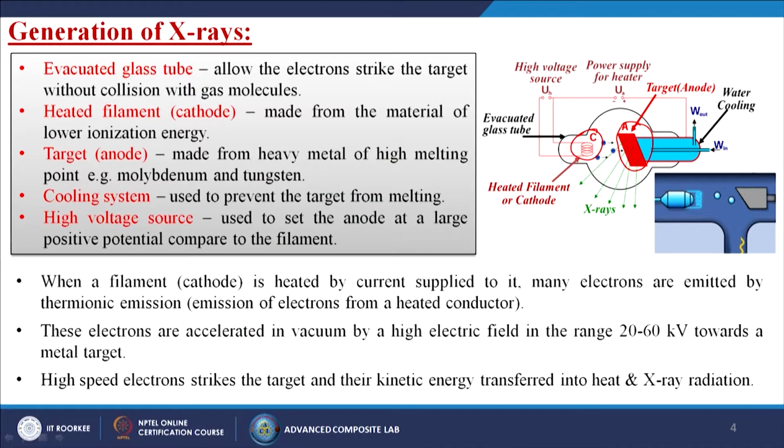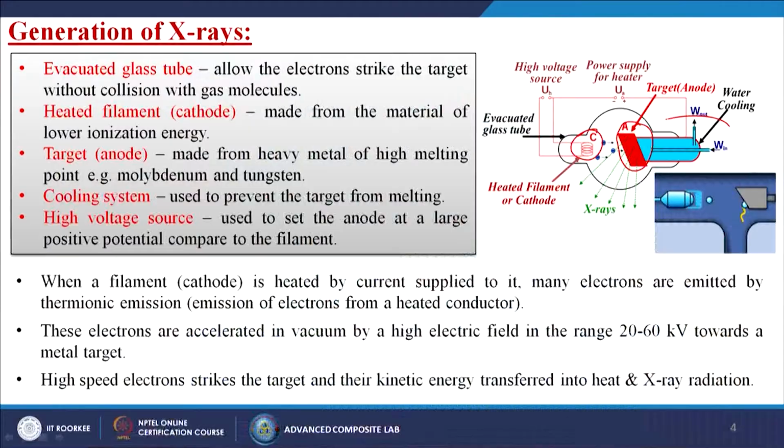Then we have some cooling systems, because when the X-ray is generated, heat as well as X-ray are both generated, so the anode material should not melt. That is why we use some kind of cooling arrangement. Now we have another high voltage source, which is used to set the anode at a large positive potential compared to the filament, so that all the electrons are attracted towards the anode.